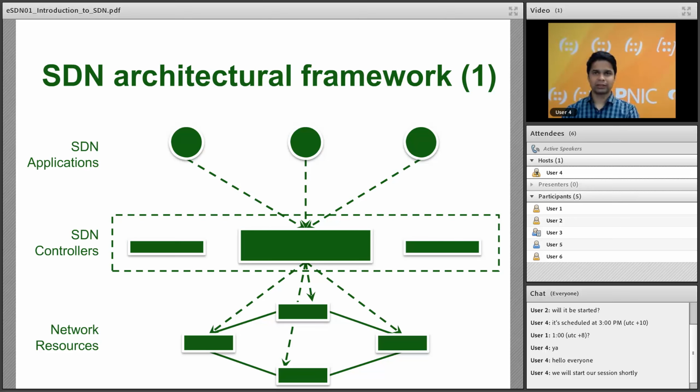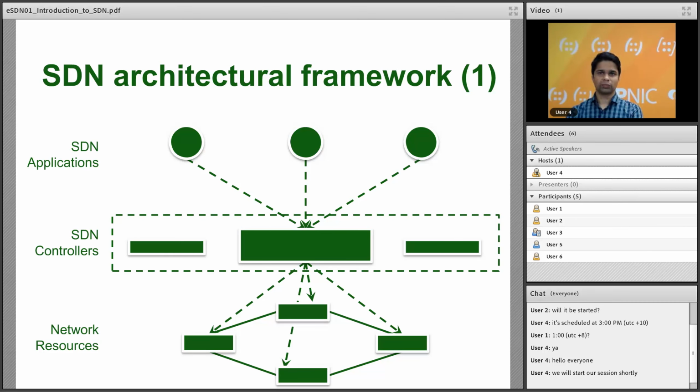Though it is quite simple, it forms the basis for just about all of the other frameworks and open source implementations. So if you see here, we have the application layer, we have the controller. Application is basically the orchestration. Then we have the controller, and we have the network resources.